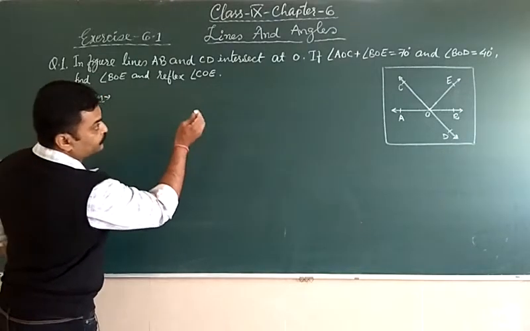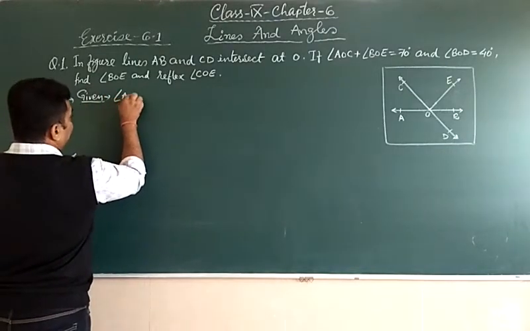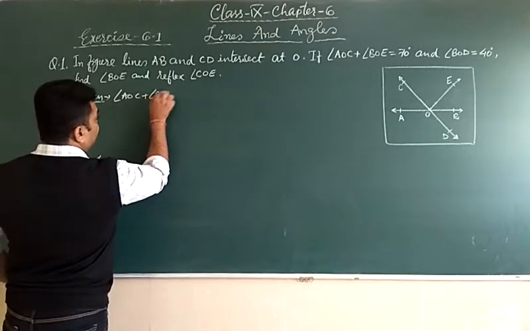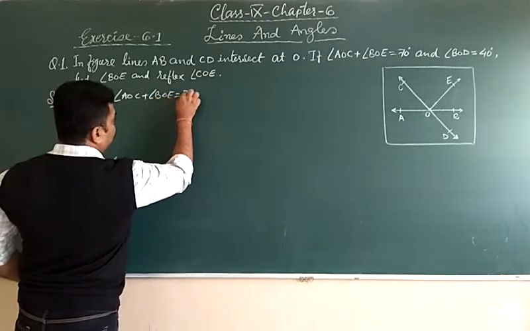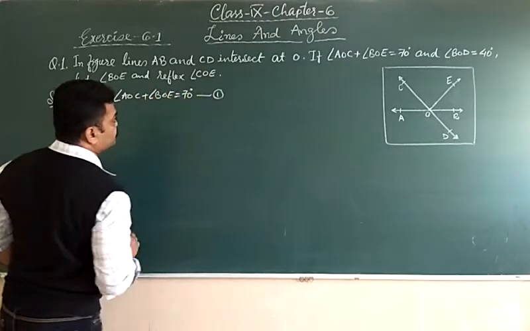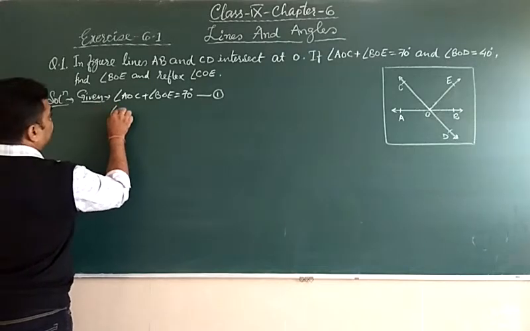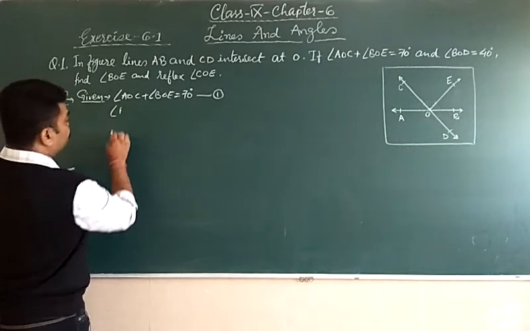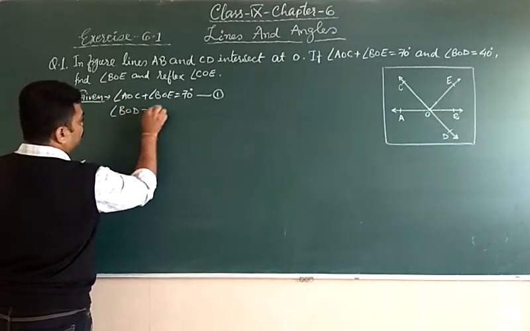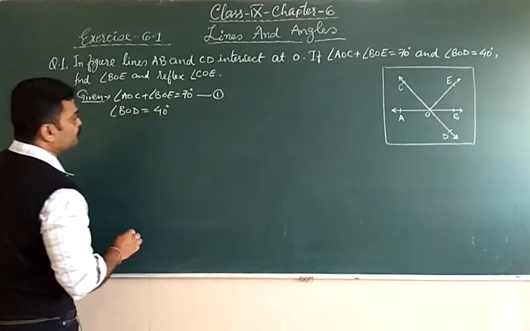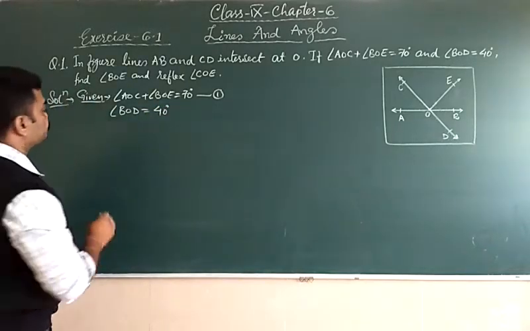What is given? Angle AOC plus angle BOE is equal to 70 degrees, first equation. Second, angle BOD is equal to 40 degrees.